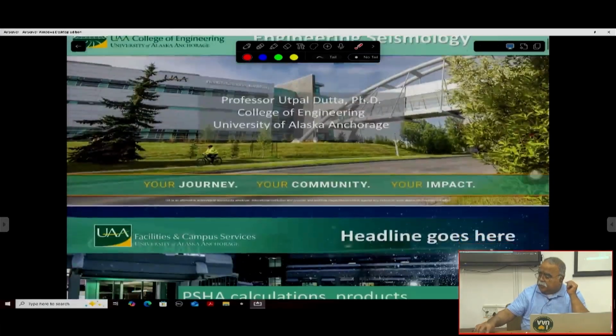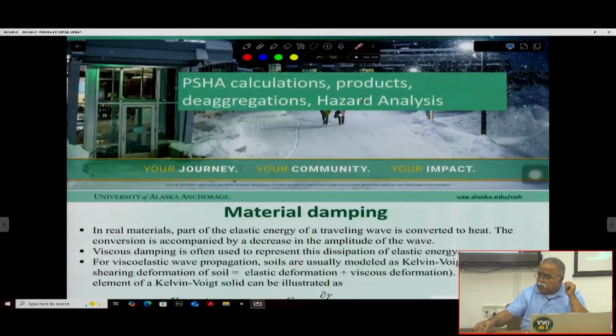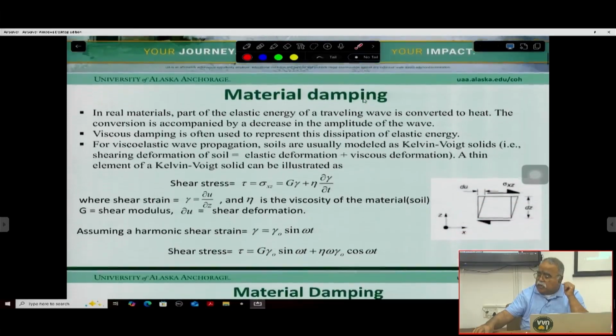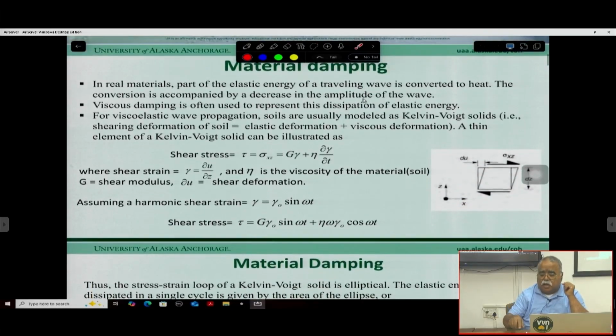Let's see what we have. First of all, we try to apprise you about the material damping. When a stress wave passes through the soil, what damping takes place?